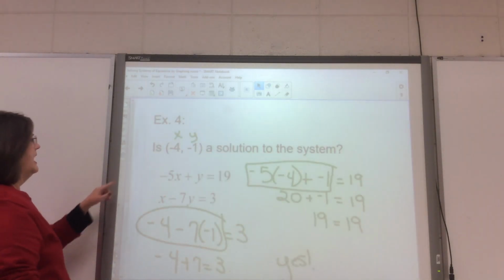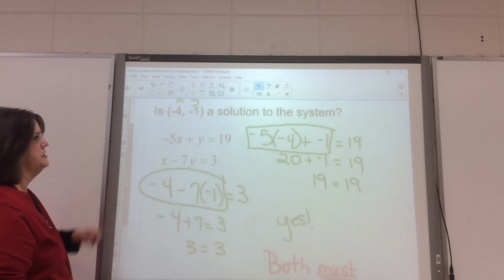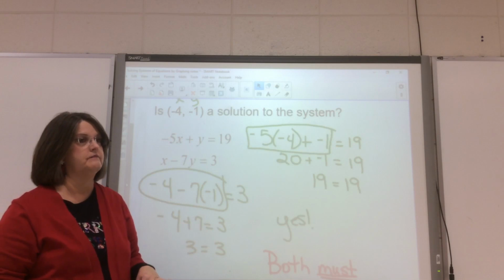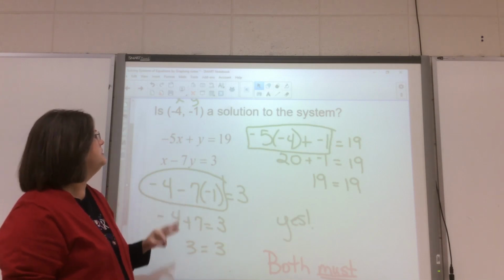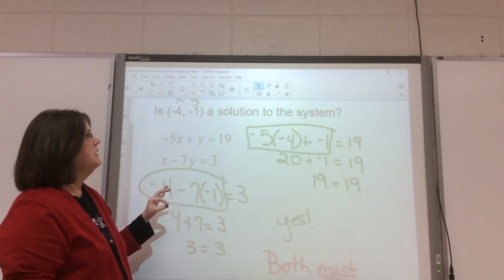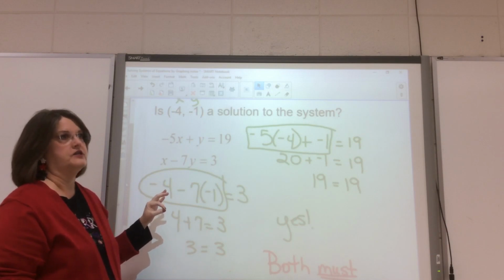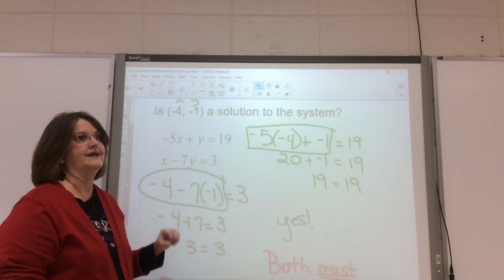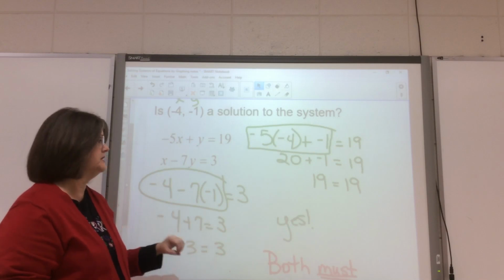Now, trying to decide whether a point is a solution to the system. In order for a point to be a solution to a system, when you substitute the point into each equation, it must solve each equation. If it doesn't solve both of them, then it is not a solution to the system.